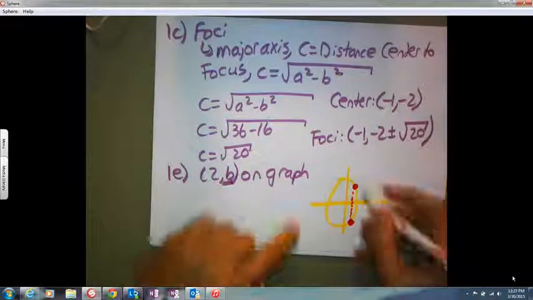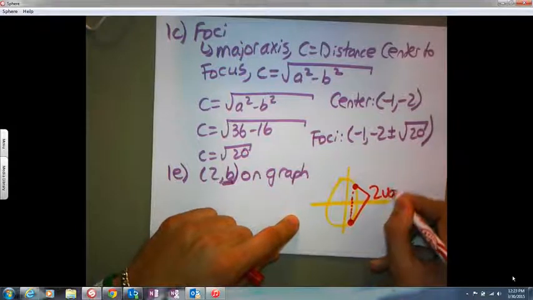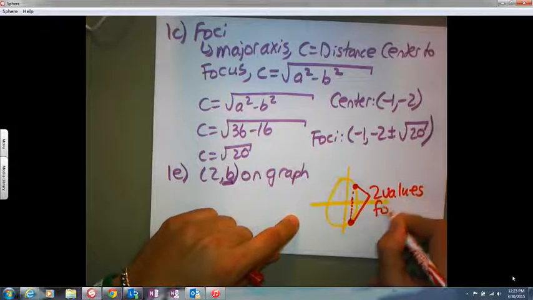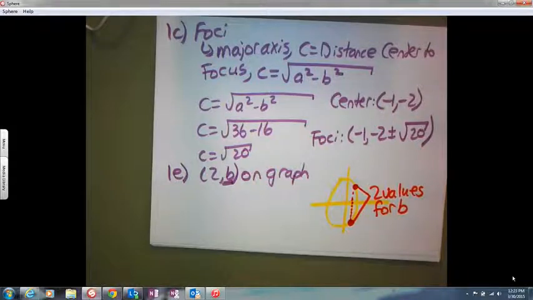There are 2 values for y because this is not a function. It does not pass the vertical line test. There are 2 y values for just 1 x value. So when we solve for y, we ought to get 2 answers. 1 upstairs, 1 downstairs. Let's verify how to do that and that we get the 2 answers.